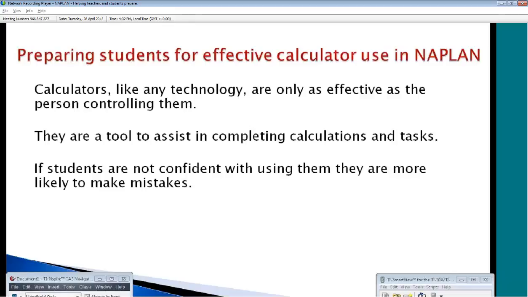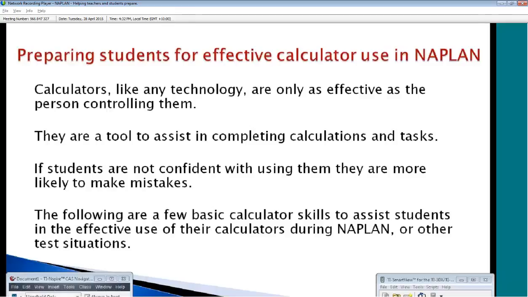If they're not confident, they're going to make mistakes, because under the pressure of exams we all get a bit more tense and are more likely to make little errors. So we need to make sure that we're preparing our Year 7s and our Year 9s, and any students going into any assessment item where they're permitted to use a calculator, so that they are confident in using that tool.